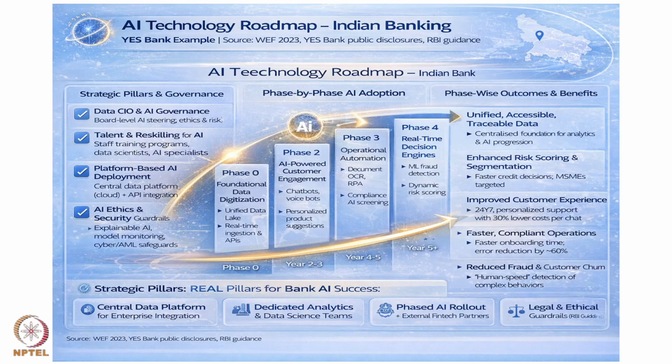Still they are very good in technology, but other banks also have equally developed robust systems, digital record systems, for providing banking services to their customers. So how they have made use of AI, in this slide I tried to capture from this report. This report was published in 2023 by the World Economic Forum, and they have taken an example from Yes Bank, how Yes Bank is using technology.